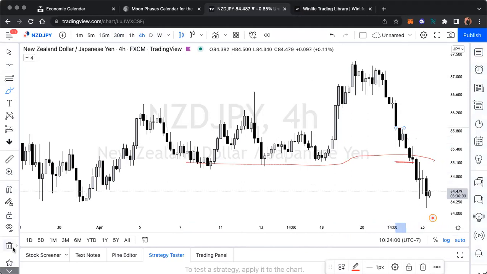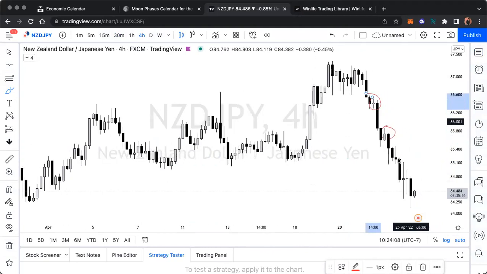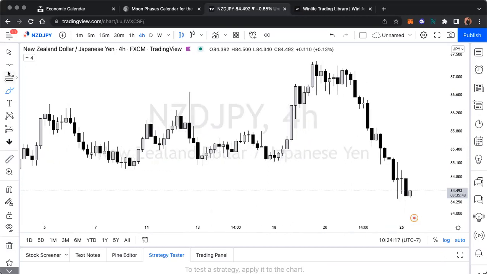This was actually a good entry right here. So you got those nice candles you could have got in on, lower time frame probably. So now we're just going to let it pull back.